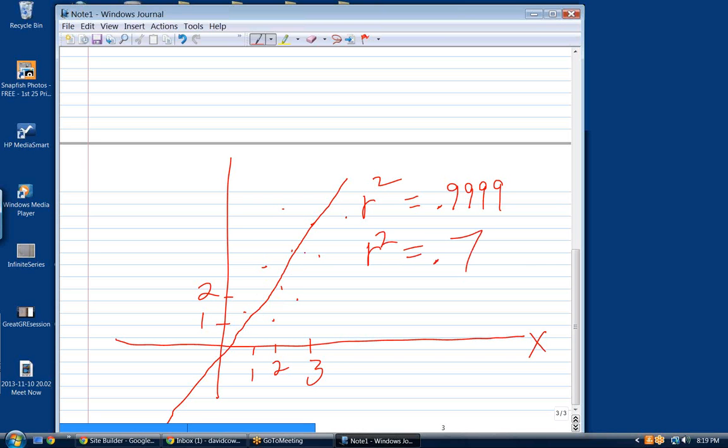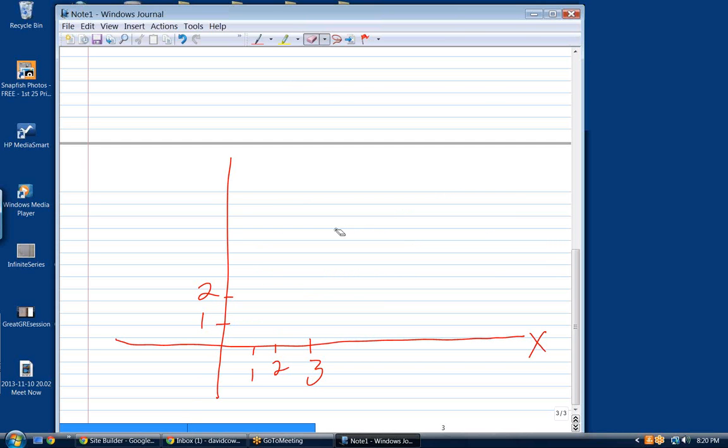It doesn't go through every point. There's a lot of distance from this point to that line. The sum of all of the squares of those distances is what determines this r value. That r value is the correlation coefficient. The biggest thing to remember is the closer it is to 1, the better that fit is.